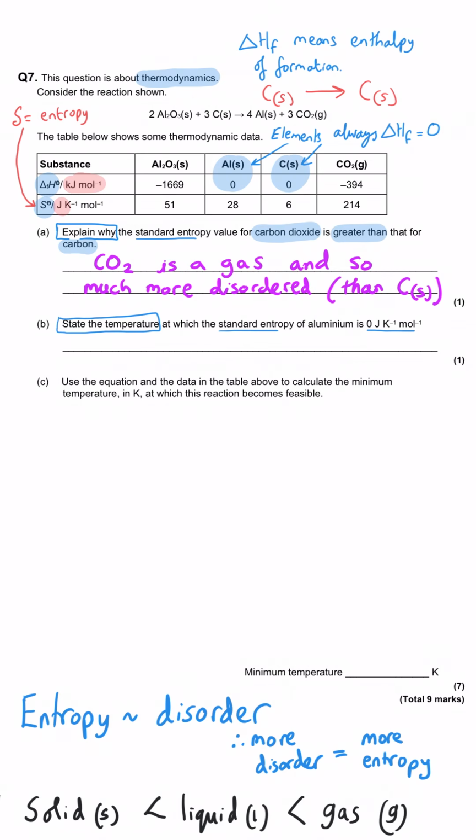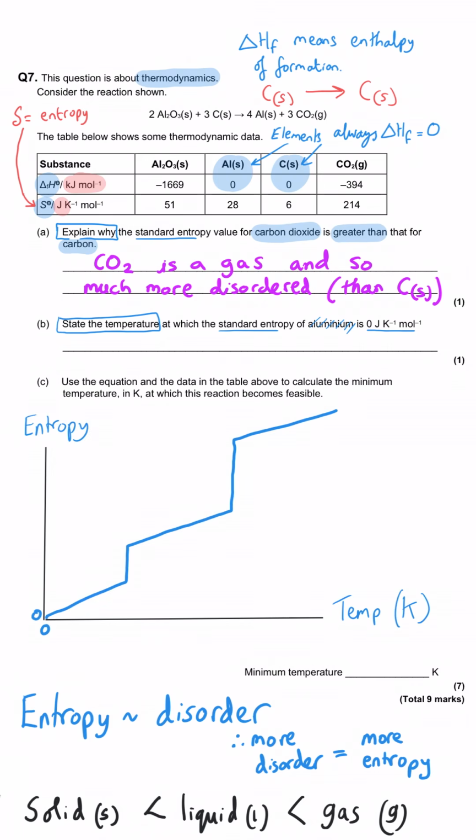Then part B says, state the temperature at which the standard entropy of aluminium is 0 joules per Kelvin per mole. Well, the fact that they're asking about aluminium is actually a little bit of a decoy here, because the temperature at which aluminium has an entropy of 0 is the same for literally every substance in the world. By definition, the entropy of any substance will be 0 at absolute 0 temperature.